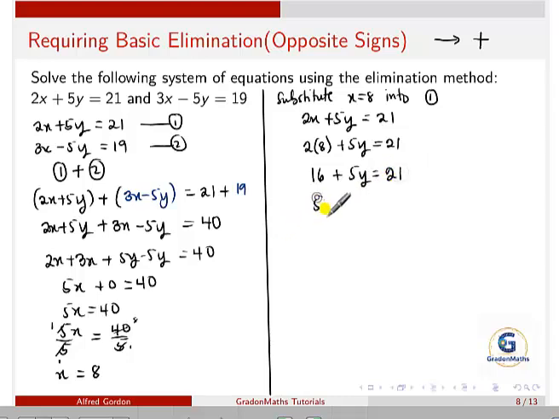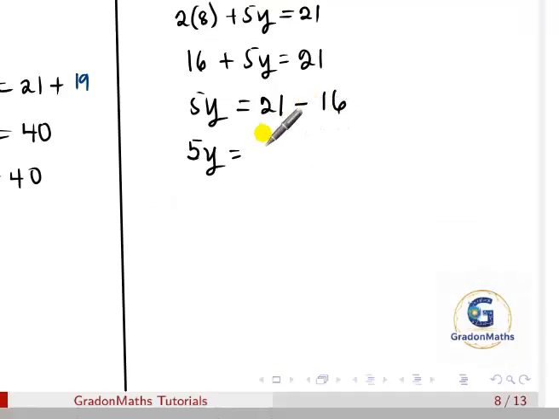So here we have 5y is equal to 21 minus 16. 21 minus 16 gives us 5. And we can now divide both sides by 5.